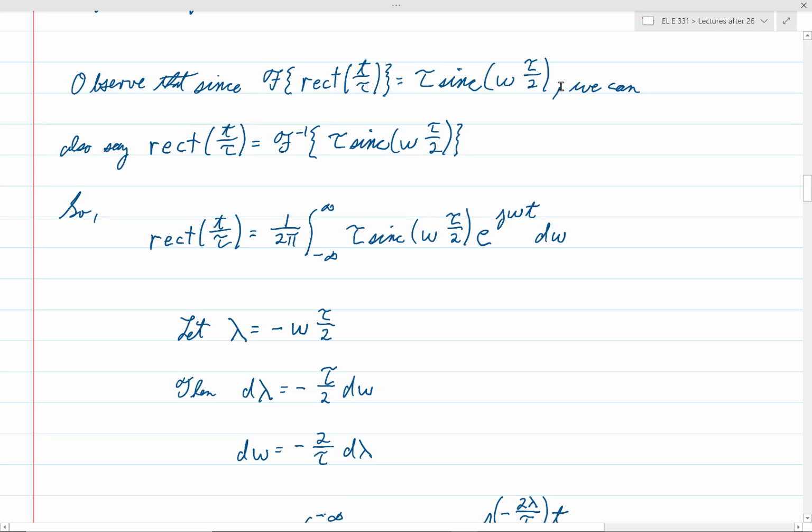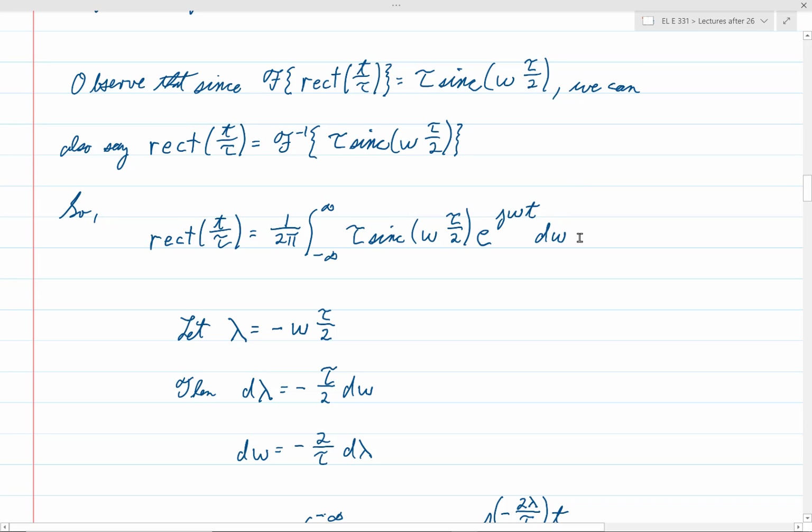But since that is true, then our inverse Fourier transform formula tells us that the rect of t over tau, okay, well, its inverse Fourier transform, that follows directly from this, but the inverse Fourier transform formula tells us that the inverse Fourier transform of this is equal to 1 over 2 pi integral from negative infinity to infinity of tau sinc of omega tau over 2 e to the j omega t d omega.